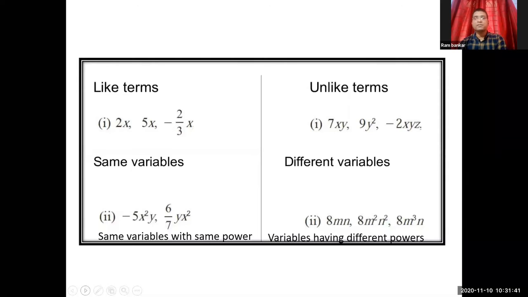Same variable and same power. Now look at unlike terms. Unlike terms means different variables. Keep this in mind: different variables means unlike terms. Look at the next slide.